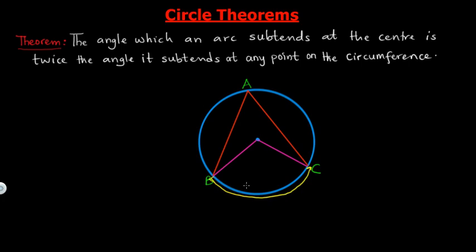That is an arc, a region of the circumference bounded by two radii. So the angle which this arc subtends at the center of the circle, let's denote that with O. This is the angle that this arc BC subtends. It is twice the angle it subtends at this point.